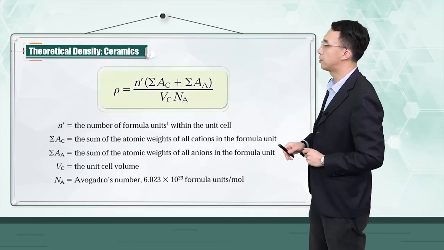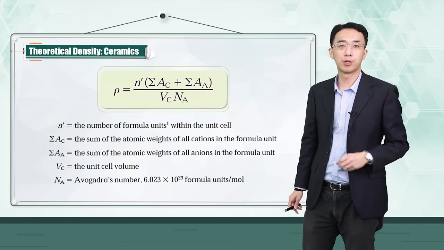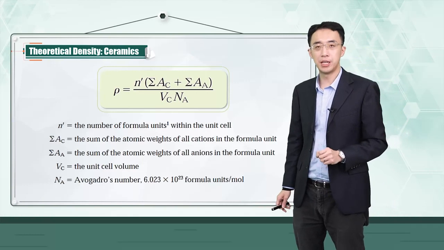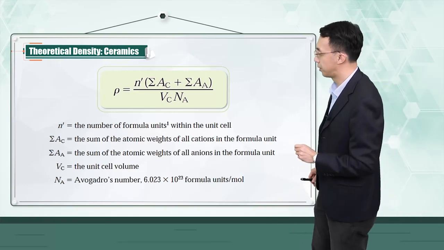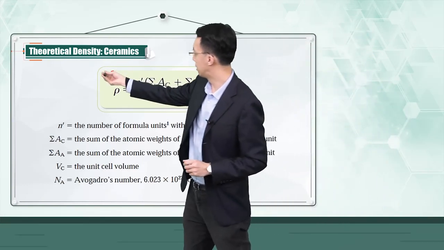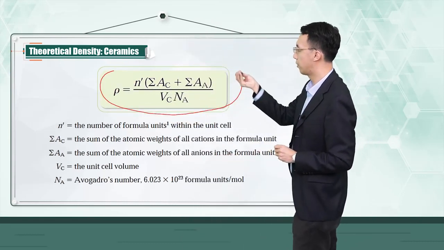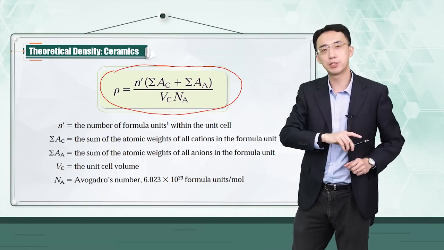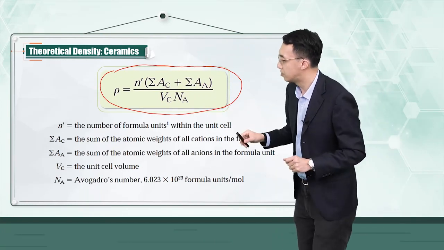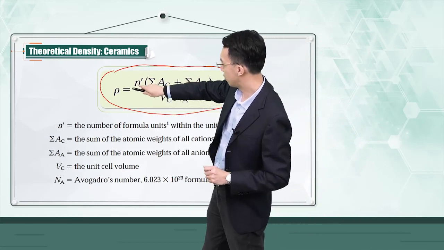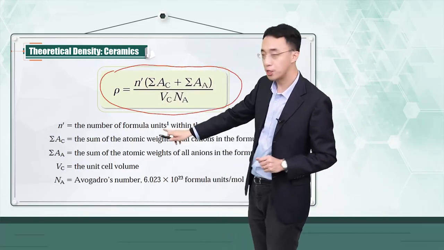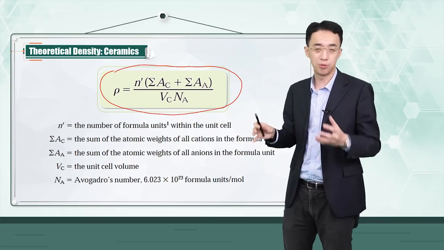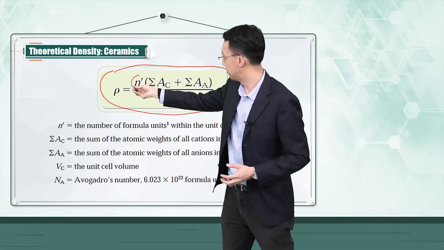And similar to the theoretical density calculation for metal crystals, you can also calculate the theoretical density of your ceramic crystals. For example, you can write down a similar equation of density calculation as this one, and the only difference in comparison with the metal theoretical density calculation is that you must put the total number of formula units, or the number of your atom pairs in your ceramic crystal, into this position.